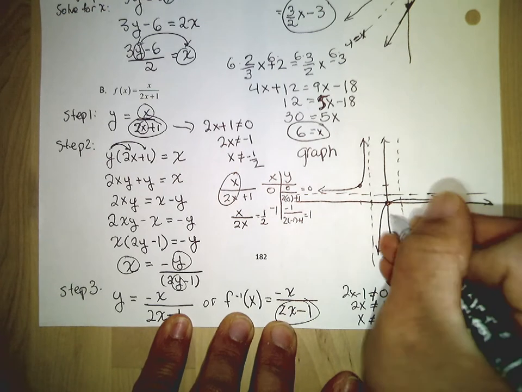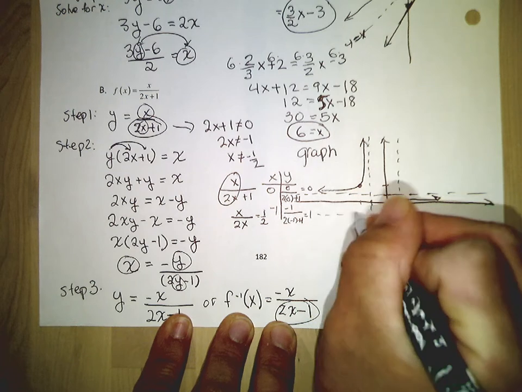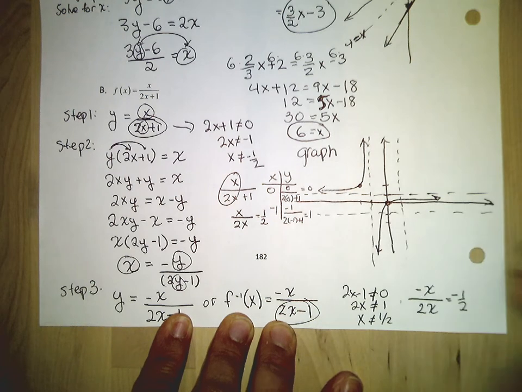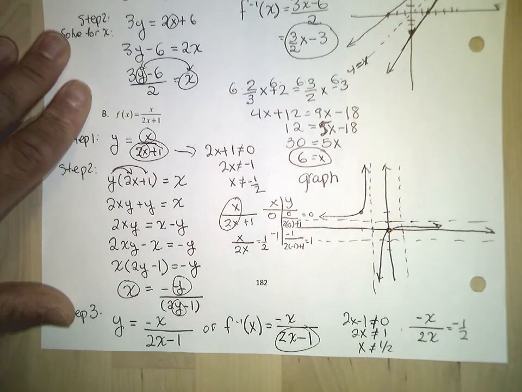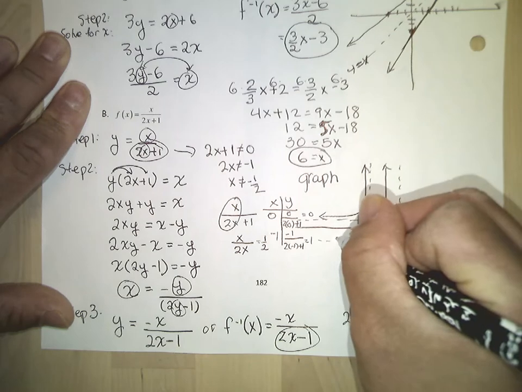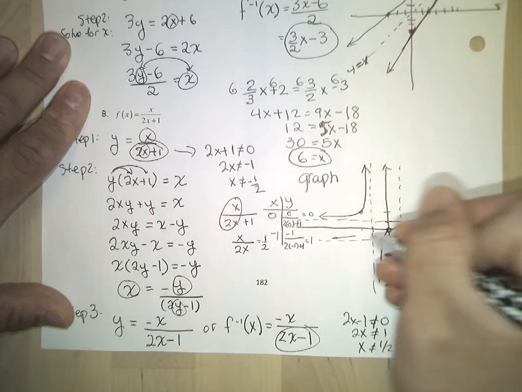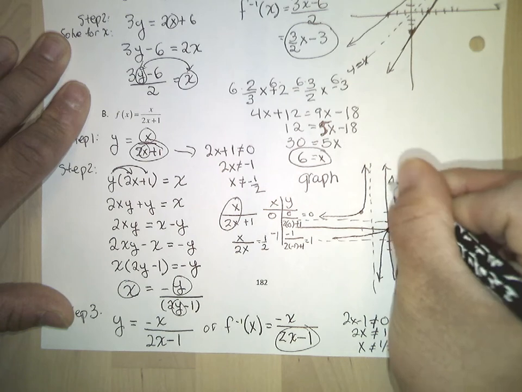So here is a horizontal asymptote at y equals negative a half. And then you can plot a few points very similarly to this and realize that this particular graph looks like this.